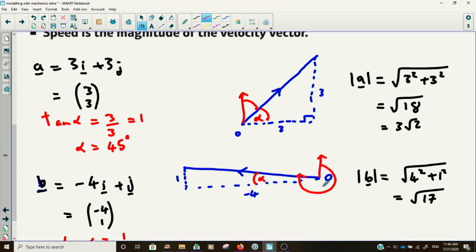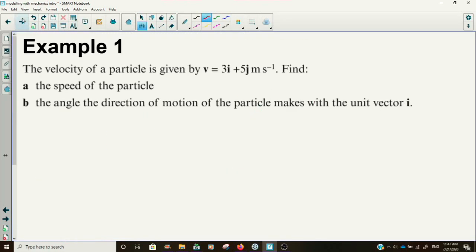So that would be 284 degrees. This one you just take alpha away from 90, so that would still be 45 degrees as a bearing. Okay.